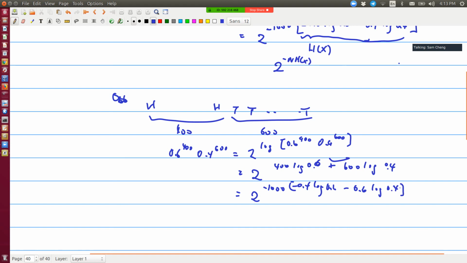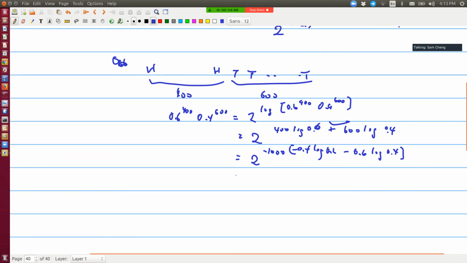Now this doesn't look good to us, but what I can do is write this as 1,000 times minus 0.4, let's see, log 0.4, maybe plus, or maybe I should put minus, log 0.4 over 0.6. Okay, this is nothing, right?